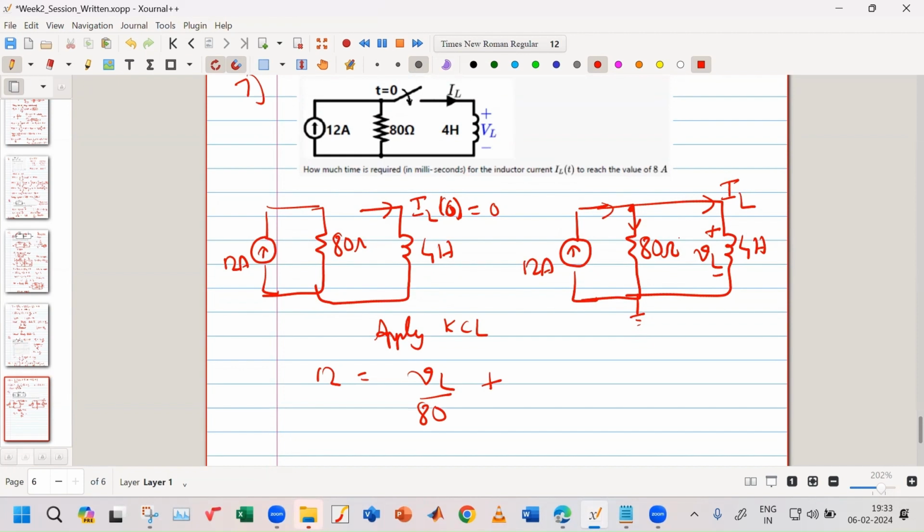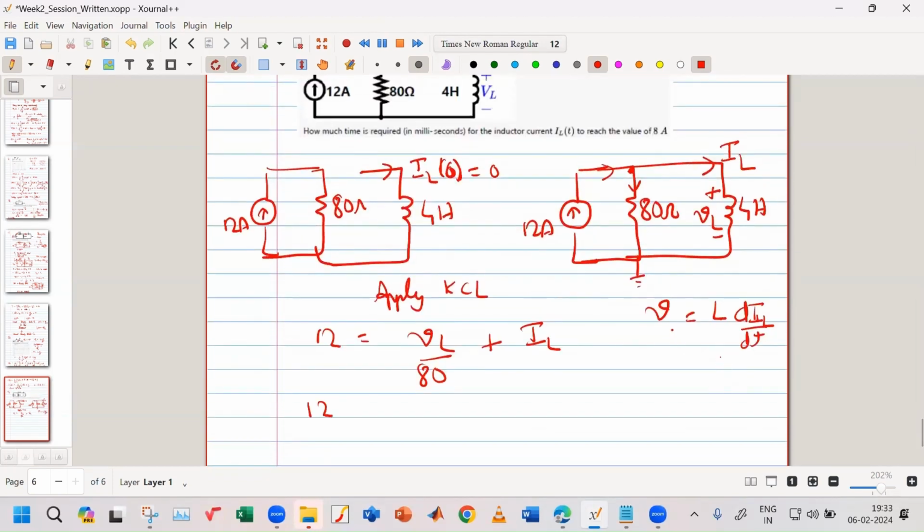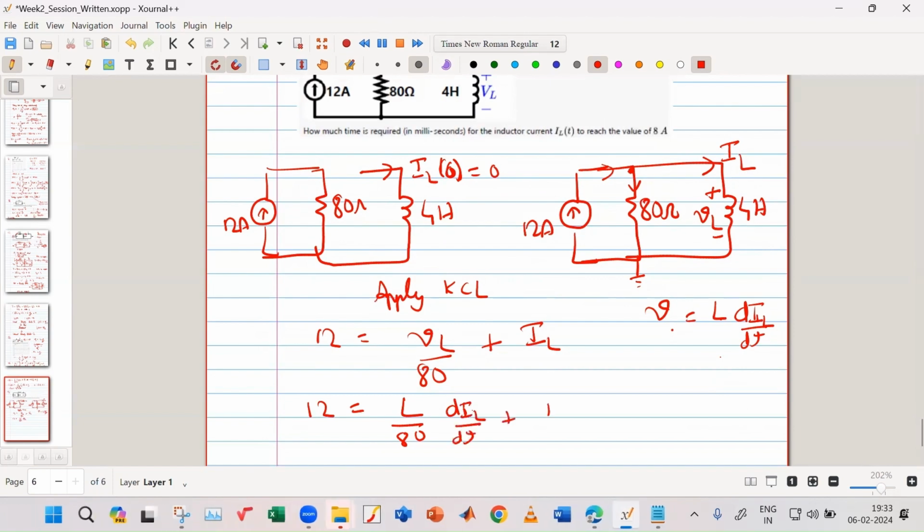Now I know VL is L into dIL by dt. So I will substitute that. So I will get 12 is equal to L by 80 dIL upon dt plus IL.